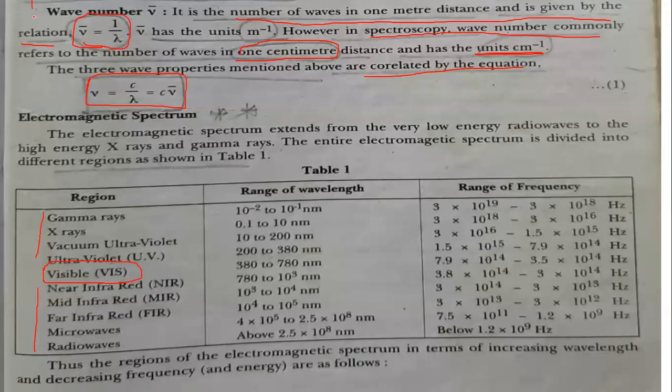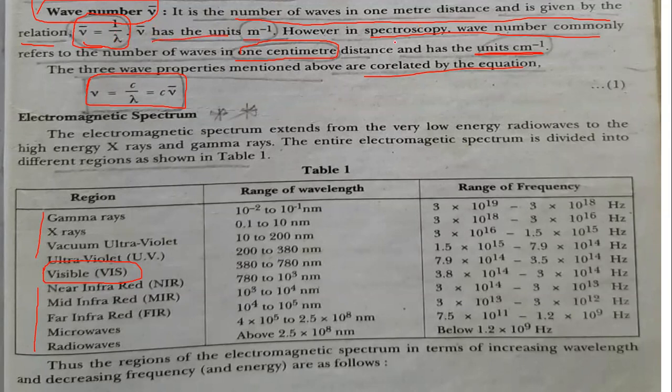So what is the wave number? It is the number of waves in a 1 meter distance. It is given by the relation nu bar is equal to 1 upon lambda. Nu bar has the unit per meter.